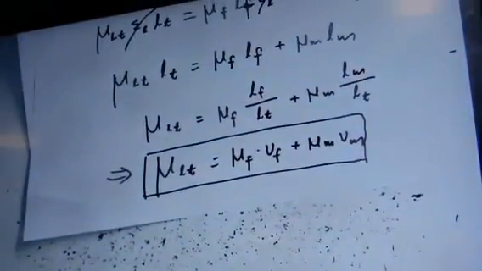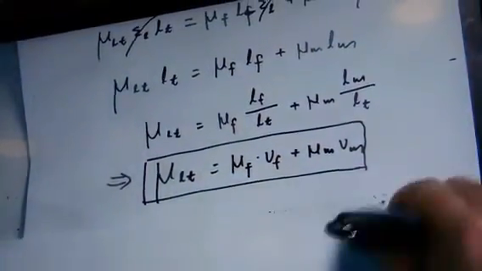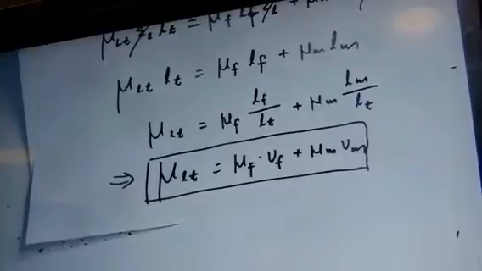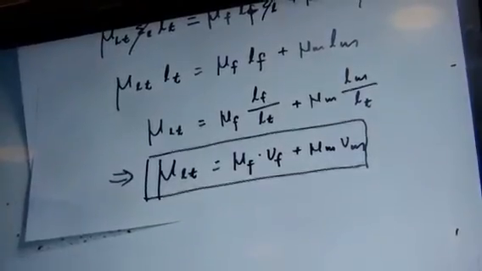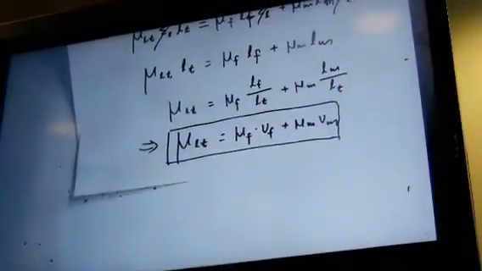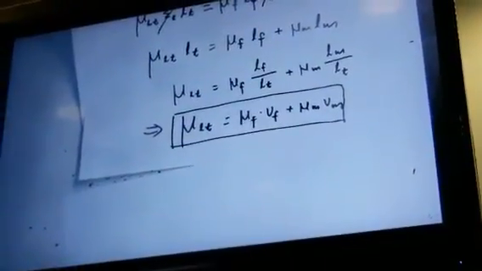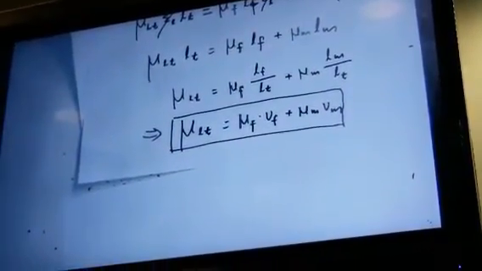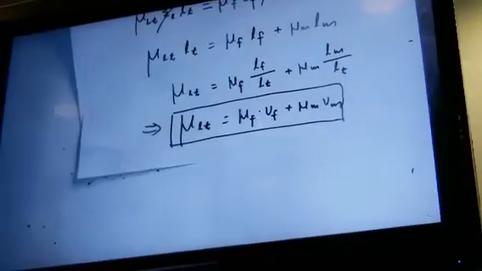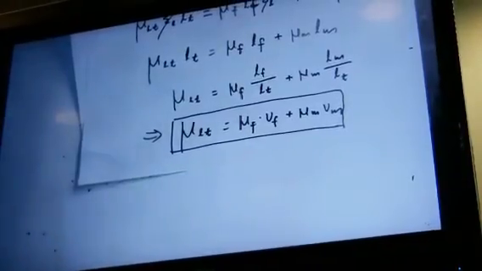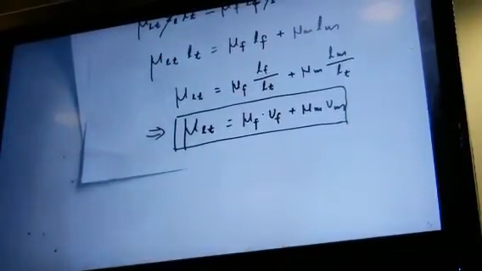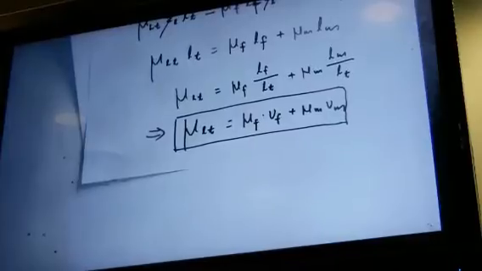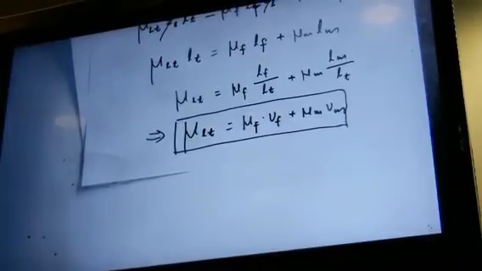This is an equation you are going to need to calculate the major Poisson's ratio when you have the Poisson's ratio of the filament and the matrix. This term is the Poisson's ratio of the filament. This term is the Poisson's ratio of matrix. And you have volume fraction. You can calculate that one. One more minute. As I said, the major Poisson's ratio is different from minor Poisson's ratio.